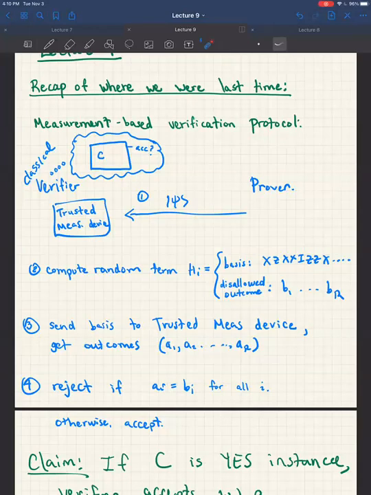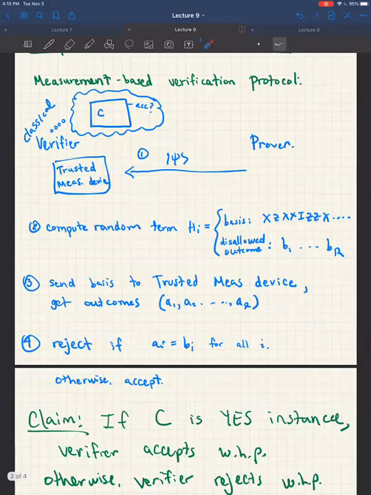So it's going to say measure qubit 1 in the x basis, second qubit in the z basis, and so on. And the Hamiltonian term is also going to say there's a disallowed outcome. Like this is the outcome for which we give an energy penalty. Right, so that's just going to be a sequence of outcomes B1 up to BR, if there's R qubits.